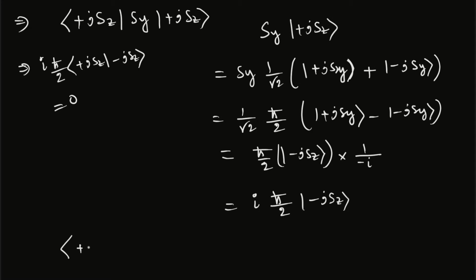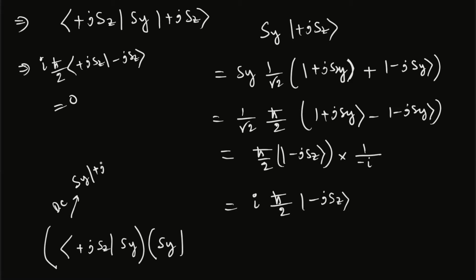So we can operate Sy on this state, and since Sy is Hermitian, we can calculate easily. It will be nothing but the dual correspondence of Sy |+z⟩ times Sy |+z⟩. So let us calculate it.